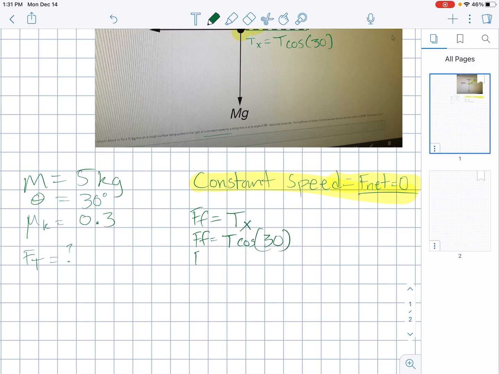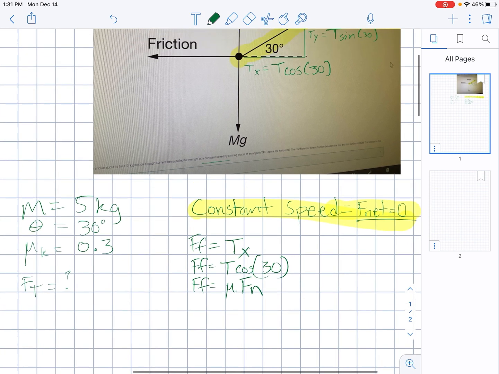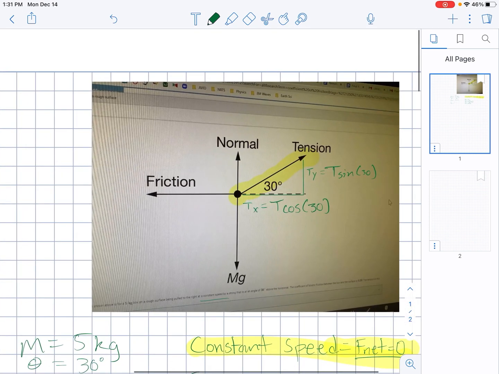We also know that our frictional force is given by the equation for friction that we found in our previous class: frictional force equals mu times normal force. Now, normally, normal force would be equal to our gravitational force because they're opposite.